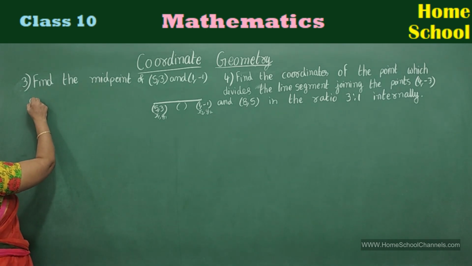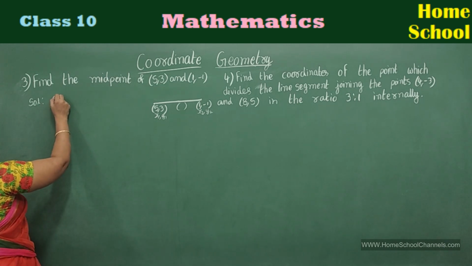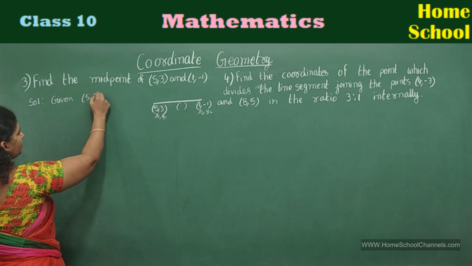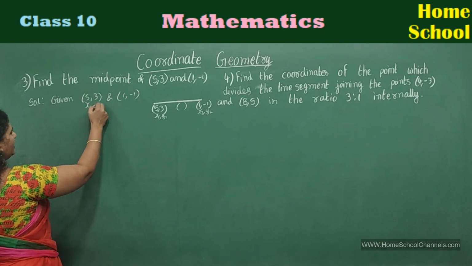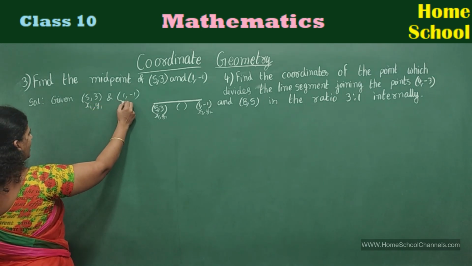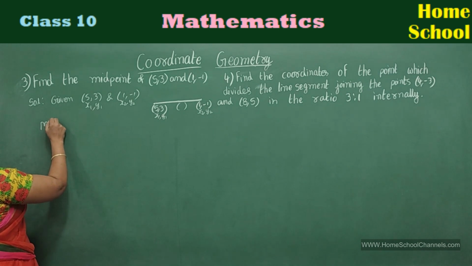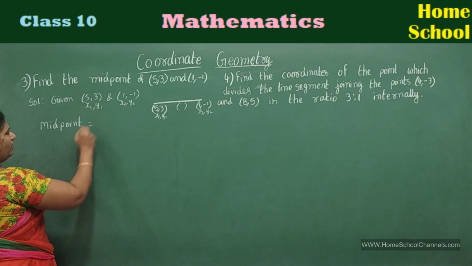Now, in your solution, again you can start writing given line segment joining coordinates are 5, 3 and 1, minus 1. Mark it x1, y1, x2, y2. Now, midpoint formula. What is midpoint of a line segment formula?